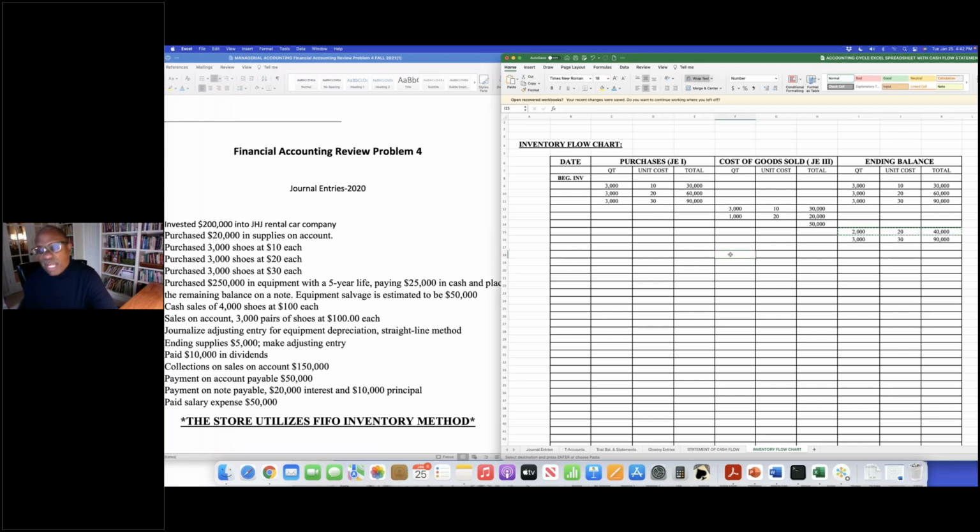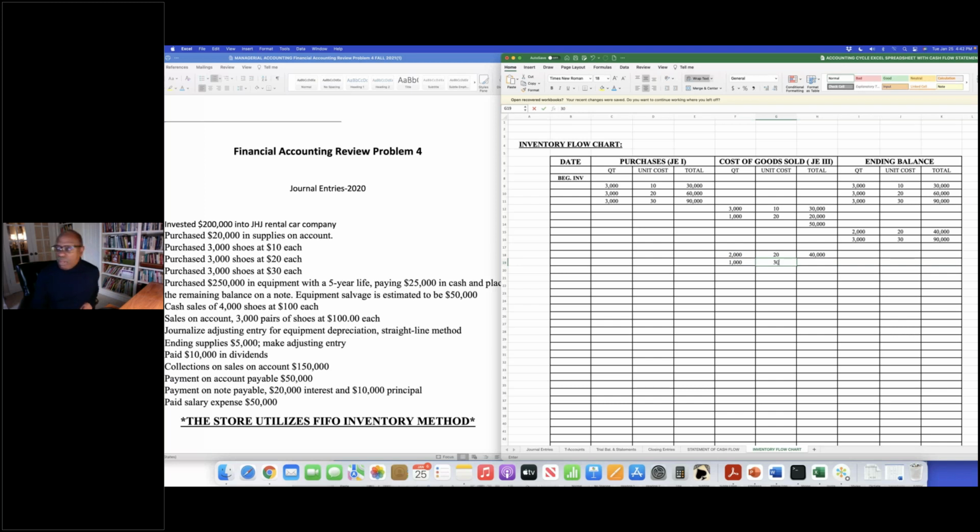But since it's 3,000, we then are going to dip into this layer and sell another 1,000 at 30. So that's going to be 30,000.